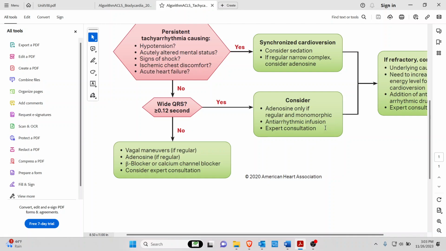The antiarrhythmic infusion that we are discussing would be something called Cardizem. Cardizem is far more effective on those AFib with RVR SVTs, and very effective on any other narrow complex tachycardia that does not respond appropriately to the adenosine administration after you've tried it twice.